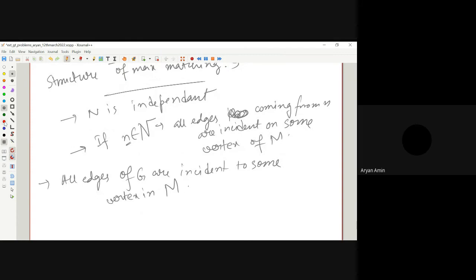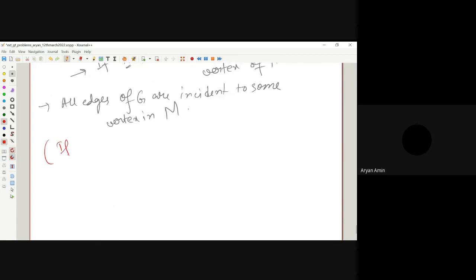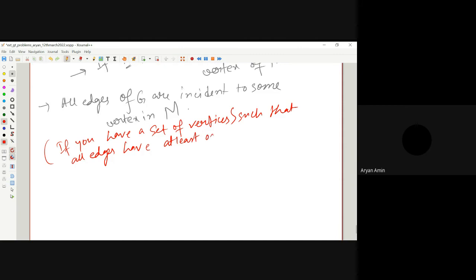So this is an interesting property. Actually, I'll use this term if I can discuss another problem later. There's another definition: if you have a set of vertices S such that all edges have at least one endpoint in S, then you call S a vertex cover.